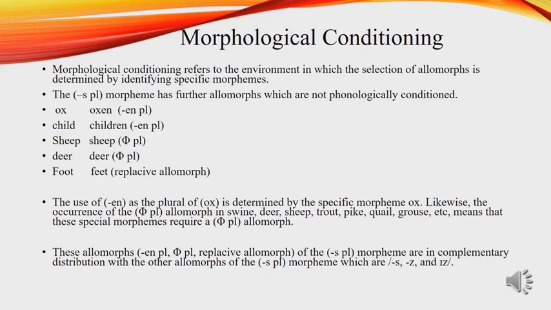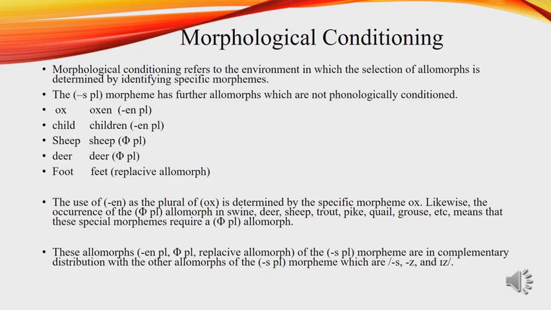Is it because of a certain sound, the preceding or the following sound? No. It is because of the morpheme child that requires the use of the en plural allomorph. So because of the specific morpheme child, we have to use the en plural allomorph to become children.